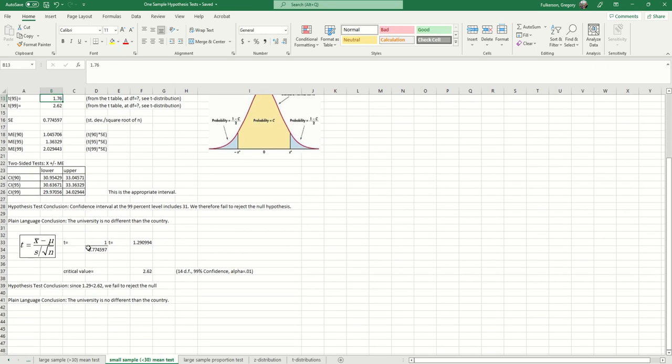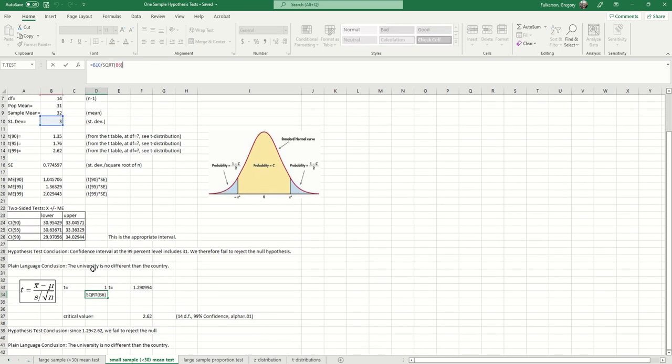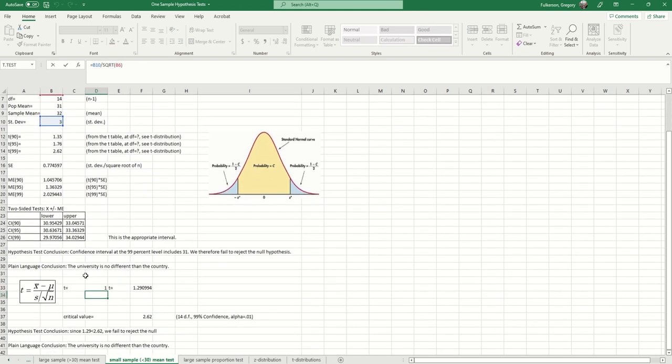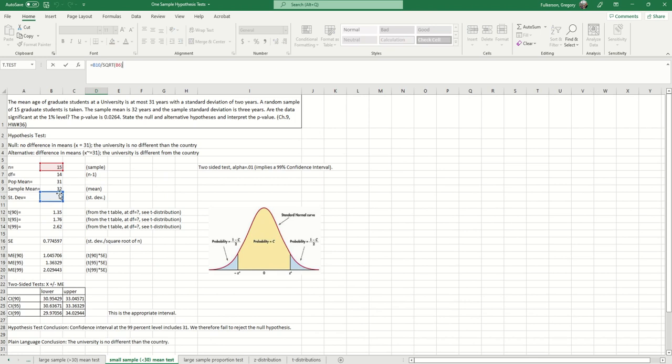The equation this time, we do know the population mean, so it's again the same numerator as the z-test. But down here, it's just the square root of B10, the sample size, and B6 is the standard deviation.